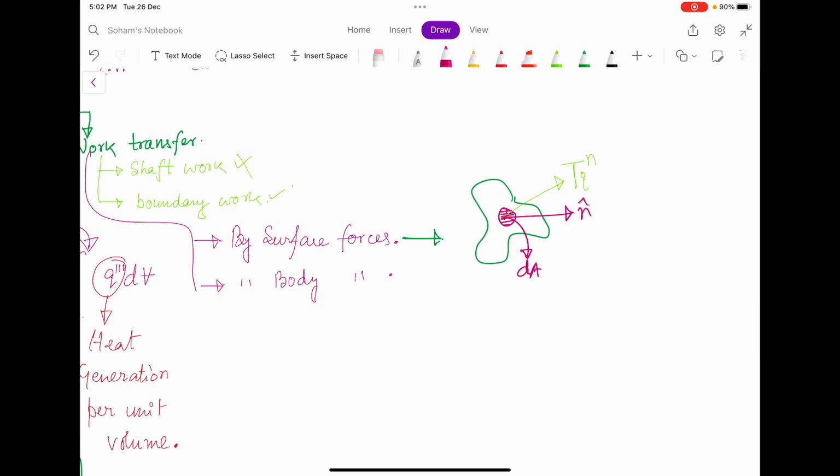So this n is the unit normal of dA. So this n is saying that this Ti is on dA. Just take your attention on these words, that this n is saying that this Ti is applicable on dA, and nothing more than that.